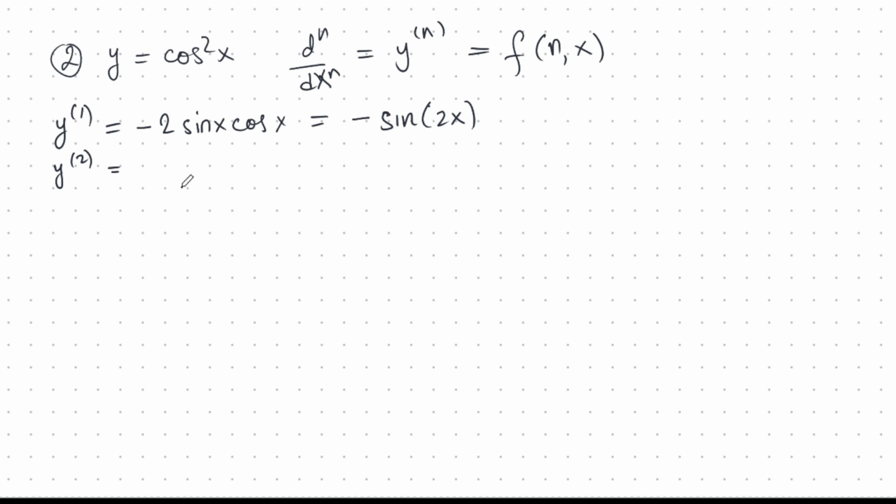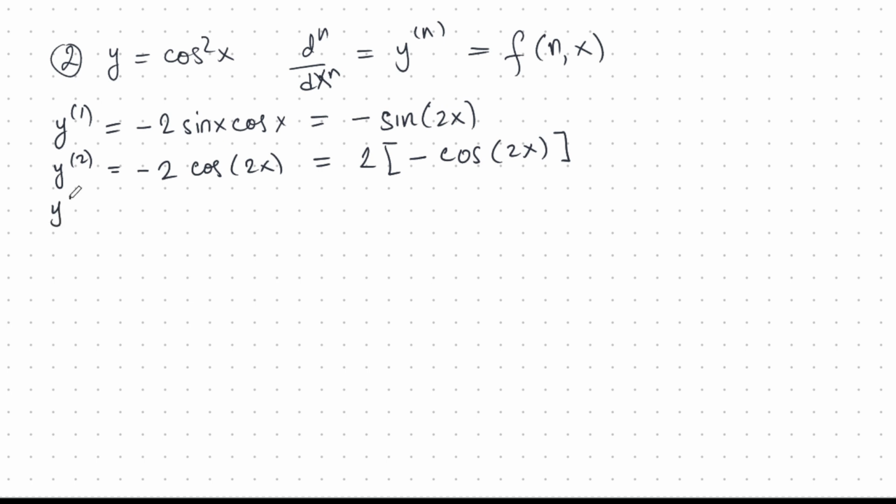I take the derivative of minus sine 2x. The 2 comes out: minus 2 cos 2x. And I want to write it in a special way: I want to take this minus sign inside and leave the 2 outside. You will see why. Cos 2x, like this.